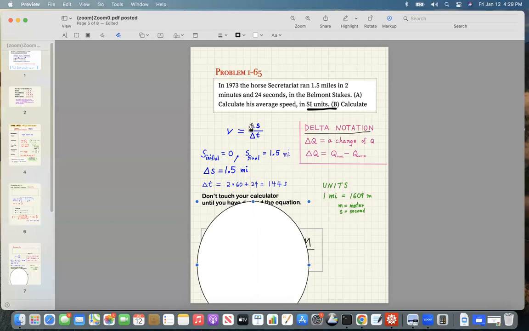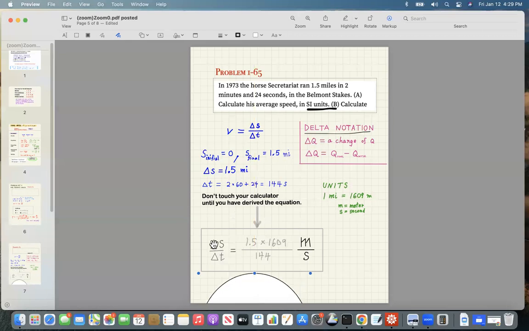You don't start by punching numbers into your calculator. That's not the first thing you do on any physics problem. The first thing you do on any physics problem is pick up your pencil and write down the equations. And then once you've got the equations written down and reduced down to the form that you can calculate with your calculator, then you pick up your calculator.